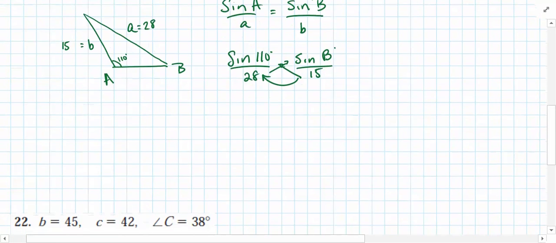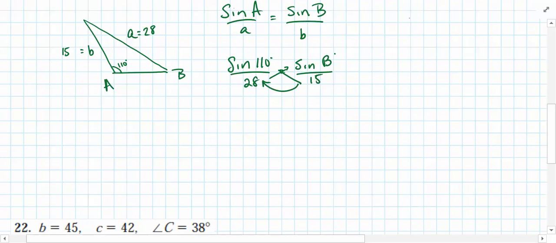That'll give me some indication whether or not we'll have one, two, or no triangles based on this piece of information. So I know that sine of B would be equal to 15 times sine of 110. That's my cross multiplication. And I would divide by 28.